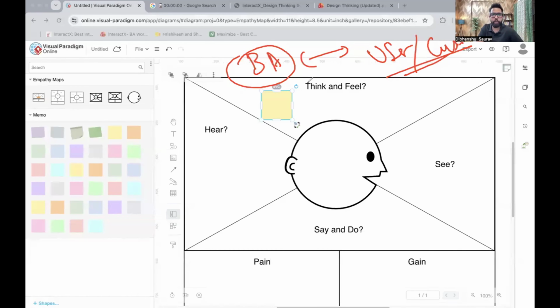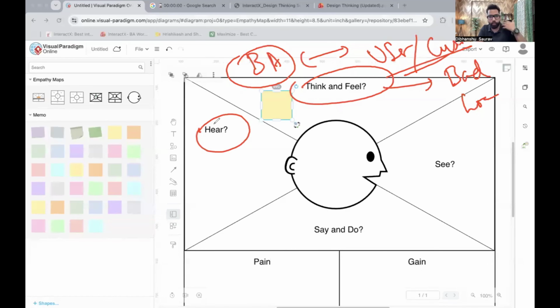You are trying to capture, from that user or customer, once they had a bad experience or maybe a good experience, whatever, I would call that the experience: what they think and feel about that product or service, what they hear from others or themselves, followed by what they see around, what they say and do, and what are the pain and gain.